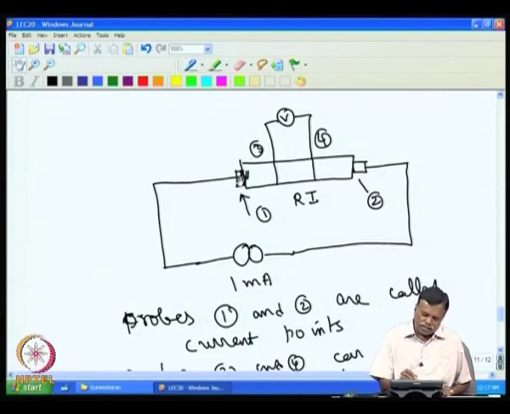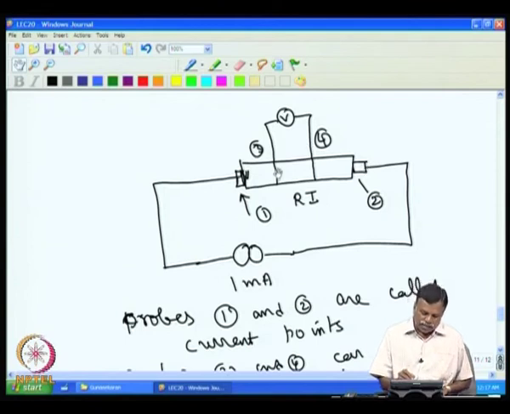Whatever resistance is added because of the contacts does not matter, because whatever the resistance, the current remains constant, since it is a constant current source. The current is always adjusted to 1 milliampere. So, these resistances have no effect on the measurement.